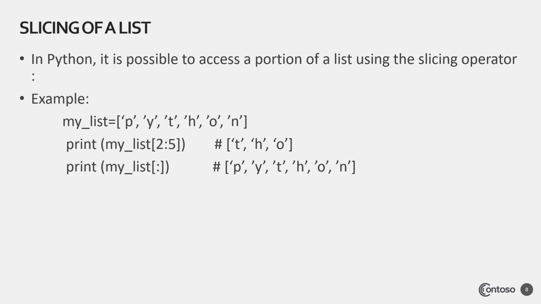Then slicing of a list. In Python, it is possible to access a portion of a list using the slicing operator colon. From a particular index to a particular index, we could display the elements inside a list.